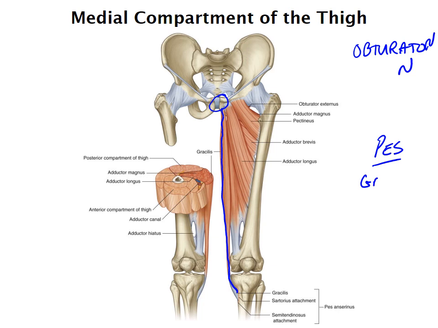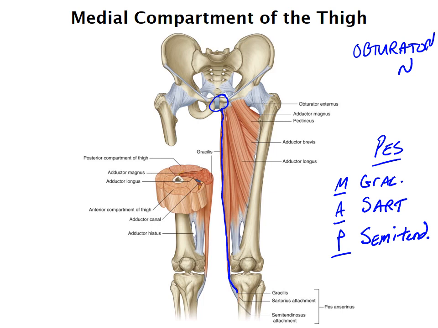We see the gracilis, and what else? We saw the sartorius. We'll see one more in the posterior compartment of the thigh, the semitendinosus muscle. All three of these go into the pes, so we have one from the medial compartment, one from the anterior compartment, and one from the posterior compartment.